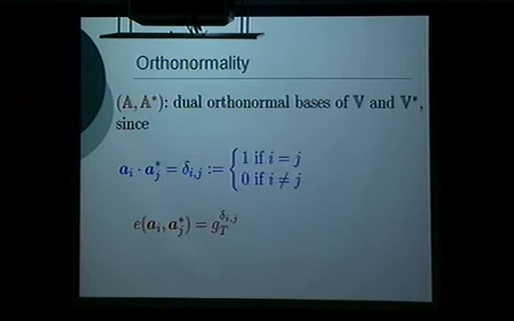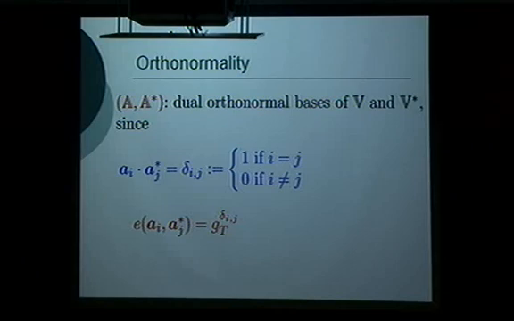We can confirm that A and A star are dual orthonormal bases of V and V star, because the inner product of A_i and A_j star is the Kronecker delta delta_ij. It means if i and j are equal, then the value is 1, and if not equal, then the value is 0.